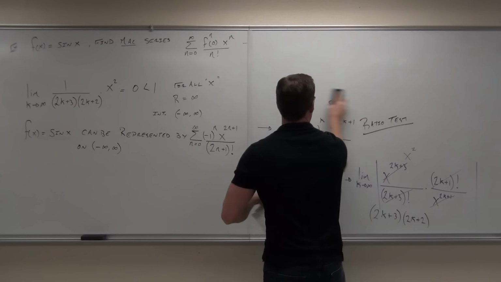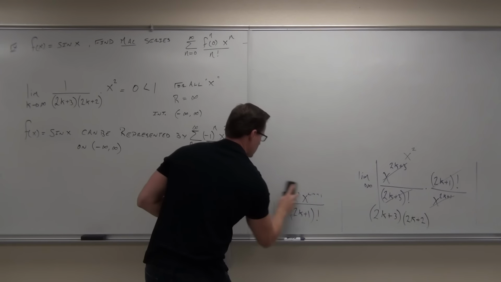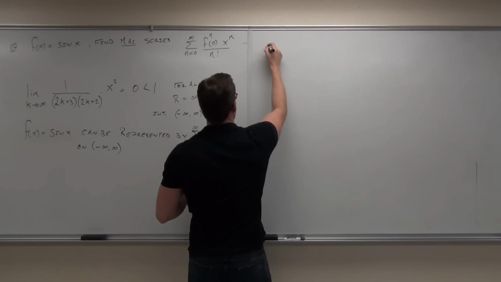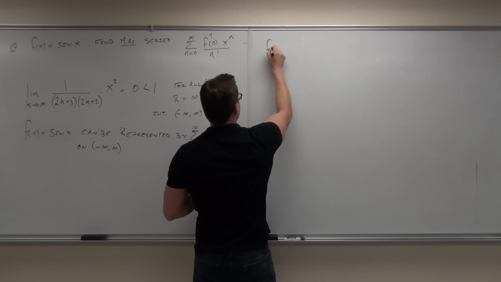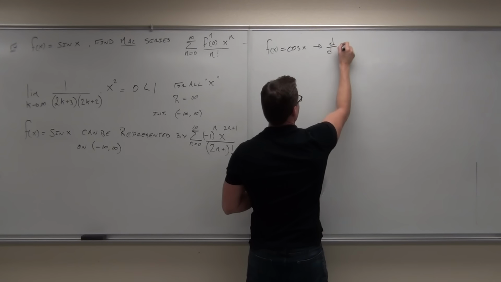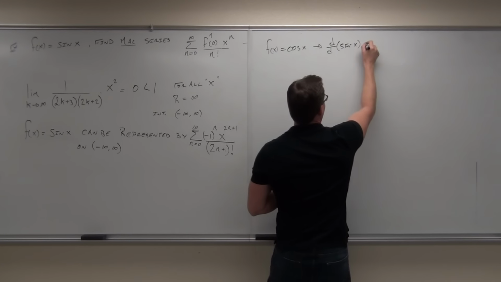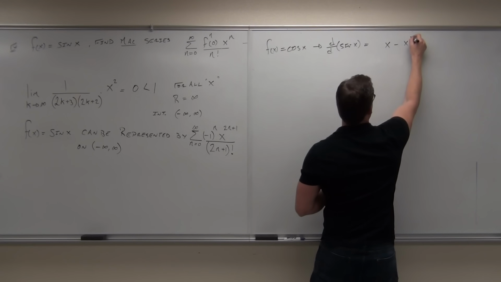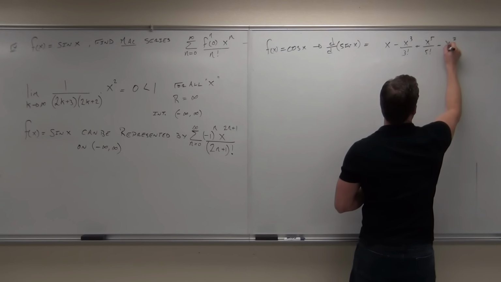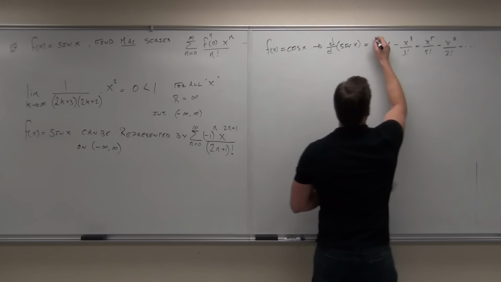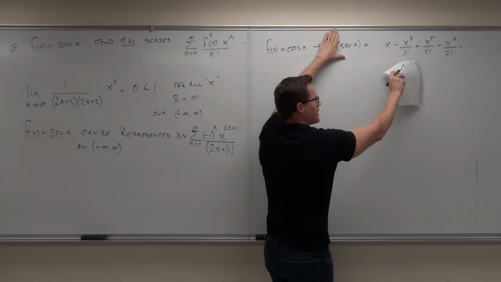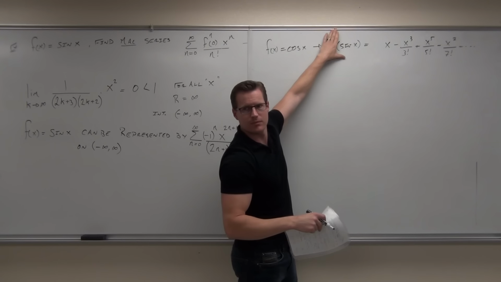Well, if f of x equals cosine x, and cosine x is the derivative of sine x, and sine x is x minus x to the third over 3 factorial plus x to the fifth over 5 factorial minus x to the seventh over 7 factorial plus and so on. Check it out. Do you agree that sine x can be represented by this on any interval? Yeah. We just proved it.